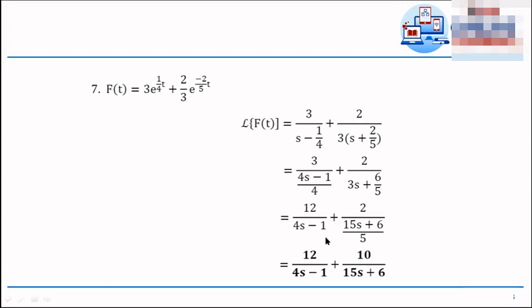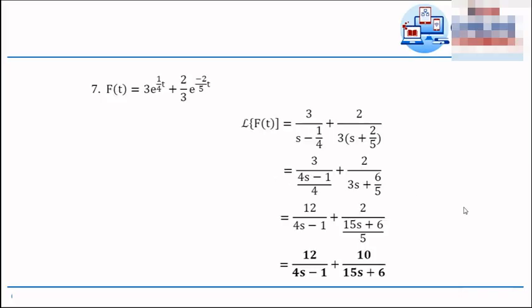So we're going to invert the fractional divisor and then proceed as in multiplication. Okay? So 4 by 3, we have 12. So 12 all over 4s minus 1. Okay? So 5 times 2, we have 10 all over 15s plus 1. So that is now your final answer.